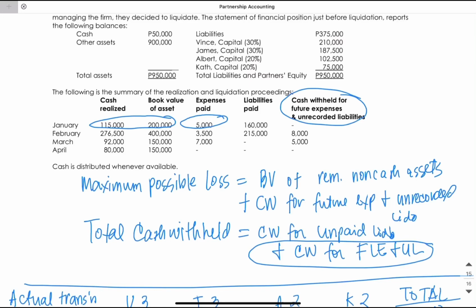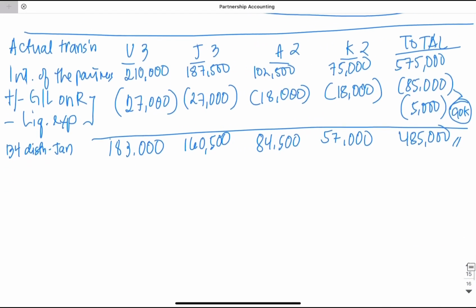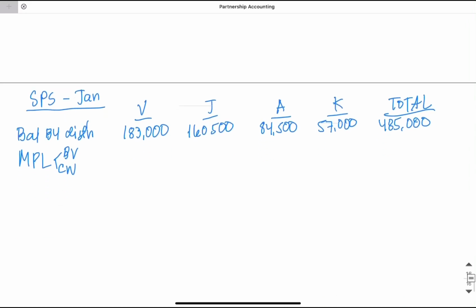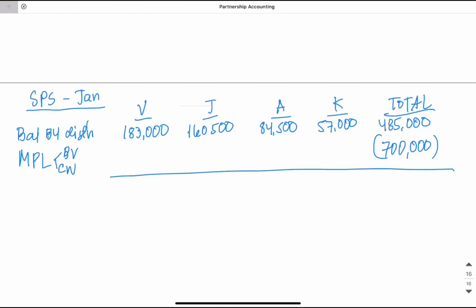For the month of January, it is 0. So it should be 700,000. So the total is 700,000 and we deduct. As you can see, if we distribute all of this 700,000 to these partners in the ratio of 3:2, eventually all of this will become negative. Why?